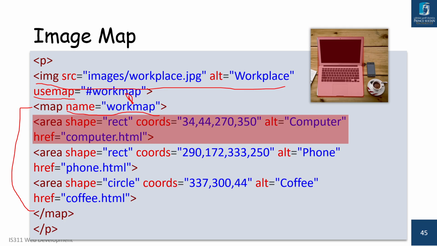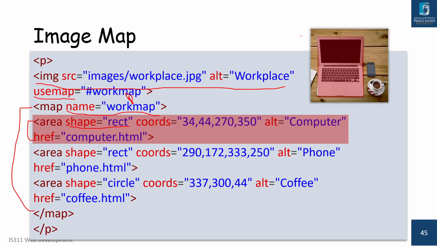So here I am saying the shape property, and I'm saying that it will be a rectangular shape. For the rectangular shape, I need the size, the height and width, and the position where we are going to draw that rectangle on that image.